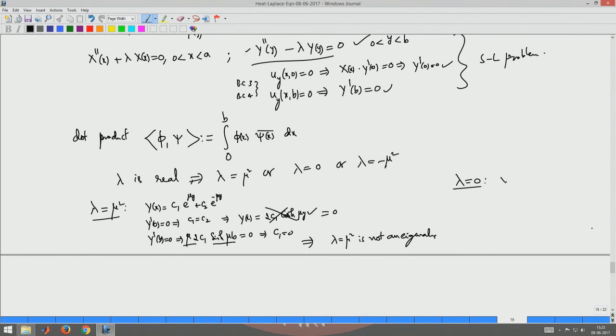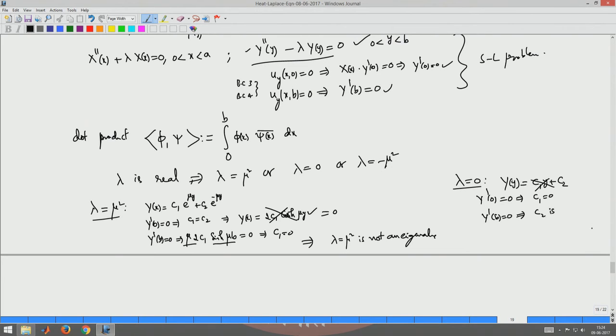This you can see by finding the general solution by putting lambda equal to 0: this becomes the second derivative of y is 0, and the general solution is C1 y plus C2. So, y dash of 0 equal to 0 will give me C1 is 0, so this is gone, and y dash of b equal to 0 is satisfied.